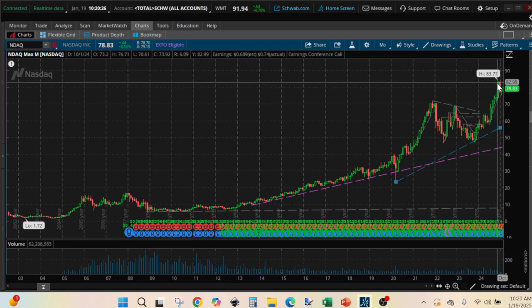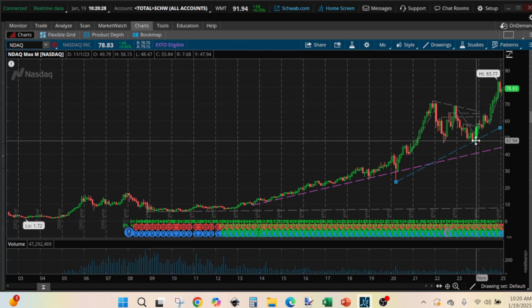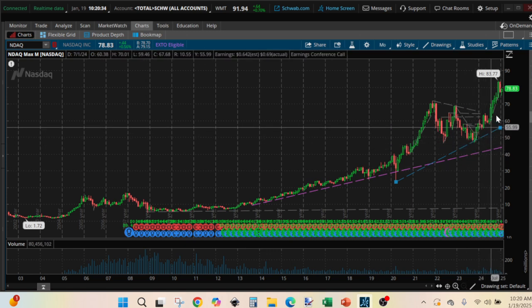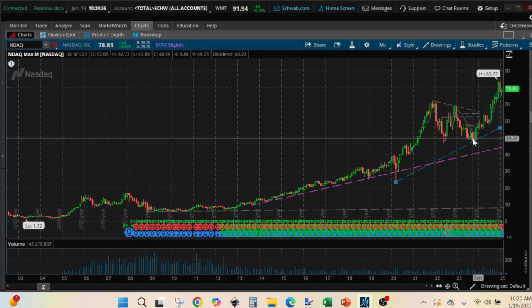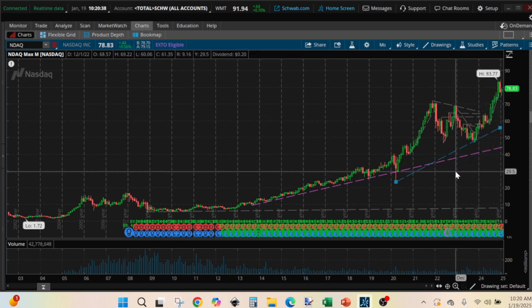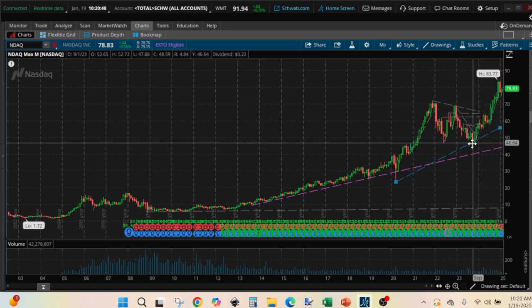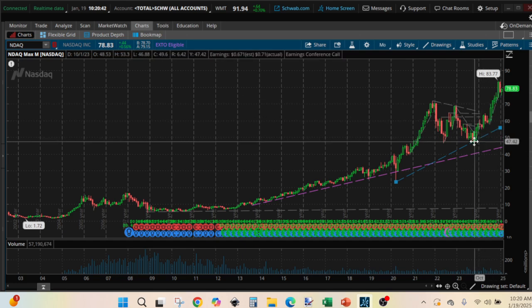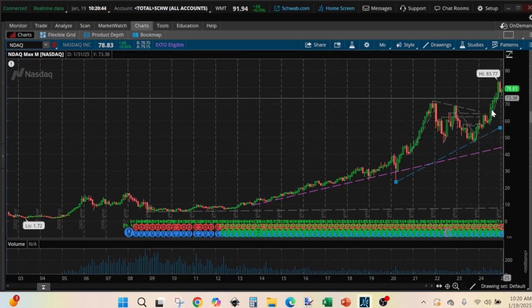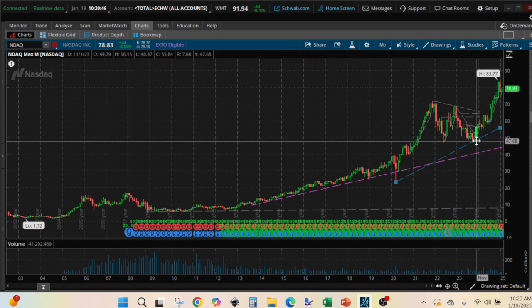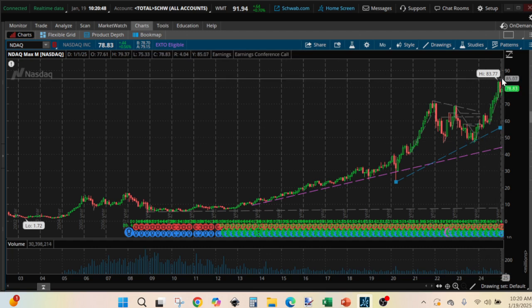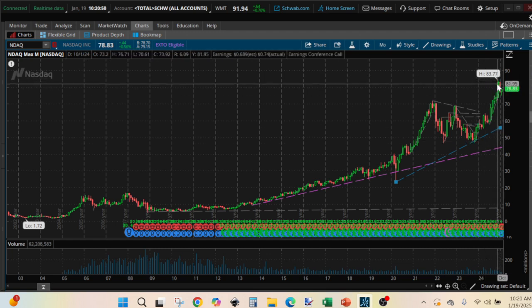I don't know if it's done climbing up. It started in October 2023, and now it's 2 months into 2024, so it took about a year and 2 months to reach where it is right now.